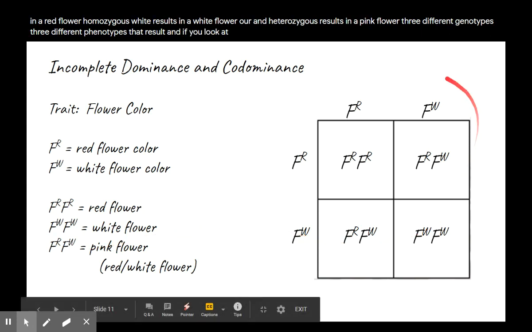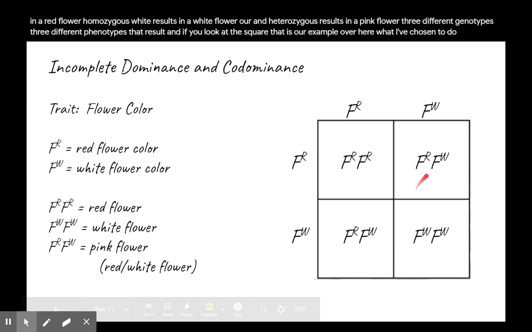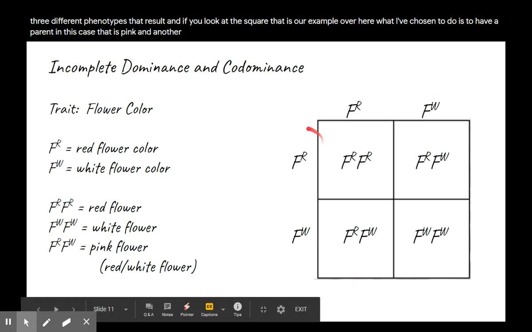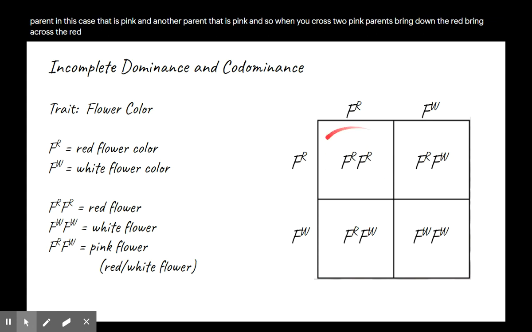And if you look at the square that is our example over here, what I've chosen to do is to have a parent, in this case, that is pink, and another parent that is pink. And so when you cross two pink parents, bring down the red, bring across the red, that offspring would be a red flower.